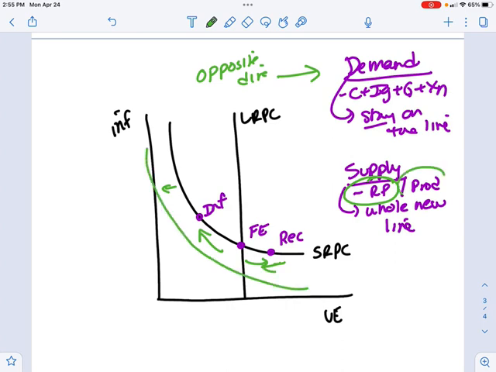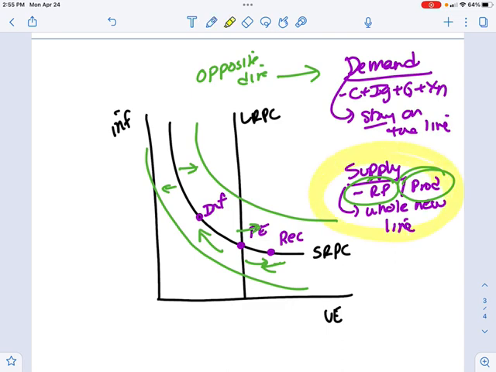If productivity falls and the technology is breaking down, let's say, or the workforce is becoming less educated, and short run aggregate supply would shift to the left, then your short run Phillips curve would shift to the right. That is one of the biggest mistakes that students make, not shifting the short run Phillips curve in the correct direction.